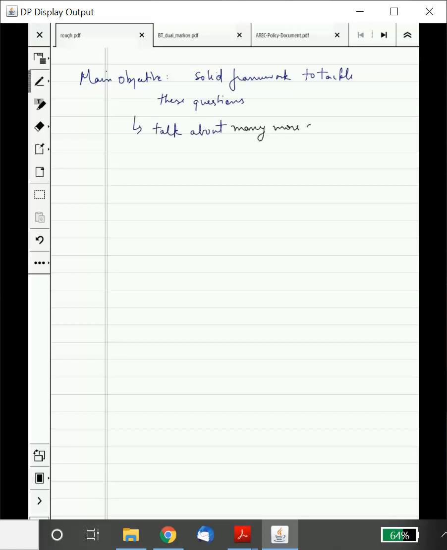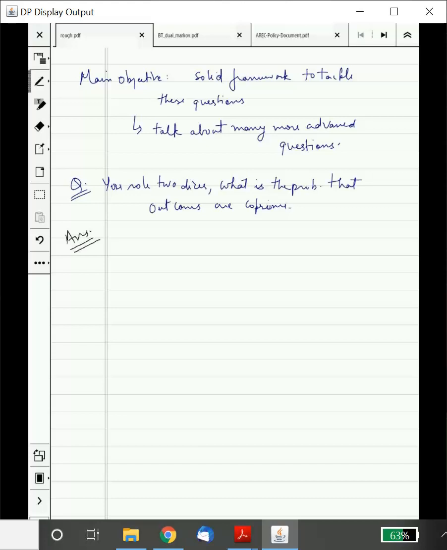What kind of questions are we interested in? Let's take a look. We will start slow. First question could be, you roll two dice. What is the probability that the outcomes you observe on the two dice are co-prime to each other? Again, since you have taken a course in probability, this is not a very difficult part.